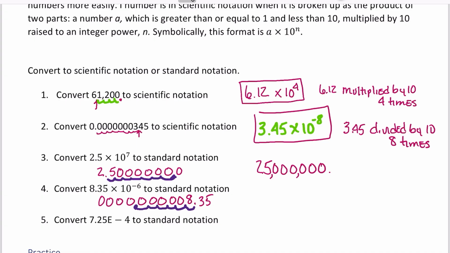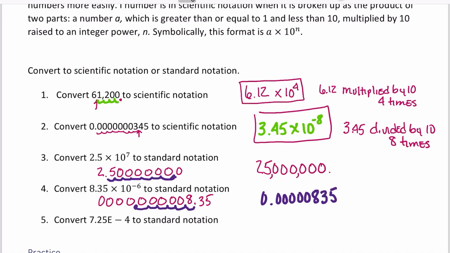I have 5 zeros, so it's 0.00000835. Not 8.35, 835.